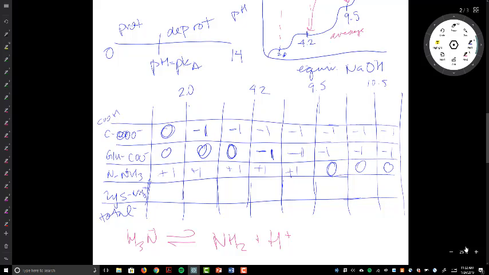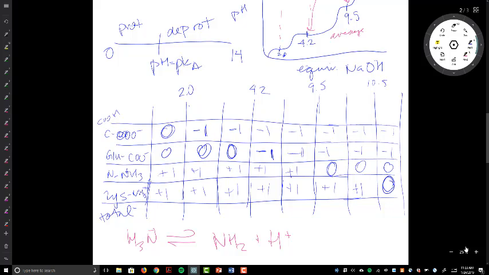Finally, for the lysine side chain, it's going to be protonated again and have a charge of +1 until we approach its pKa of 9.5. And immediately below that pKa, it's still going to be positively charged, but once we go above that pKa, we're going to switch over to being neutral.